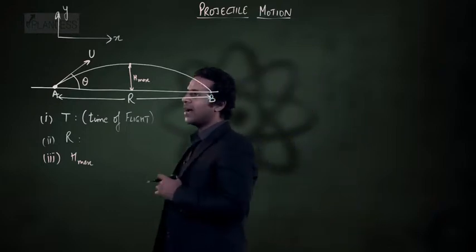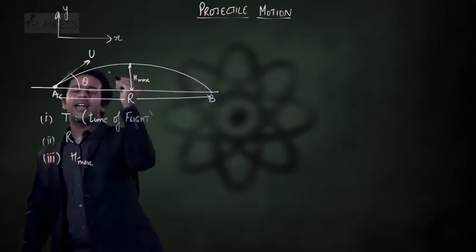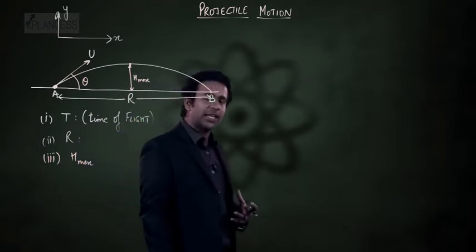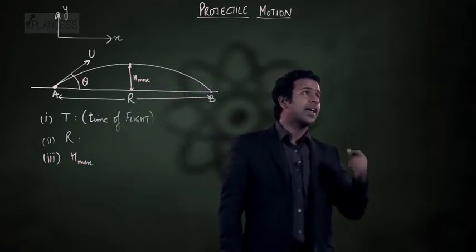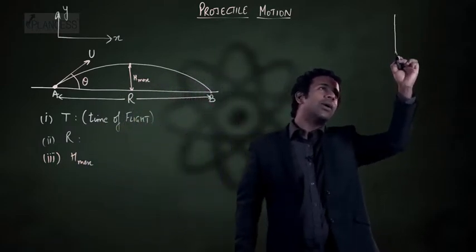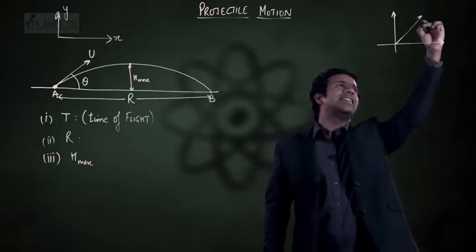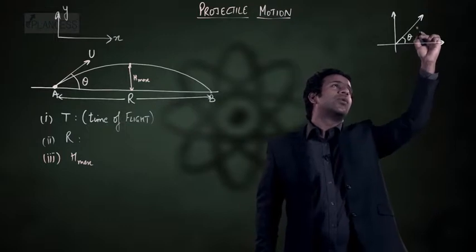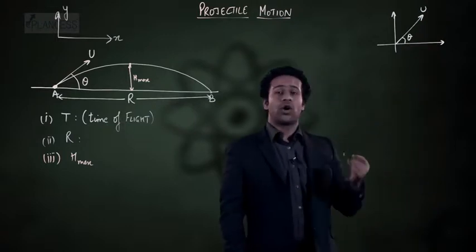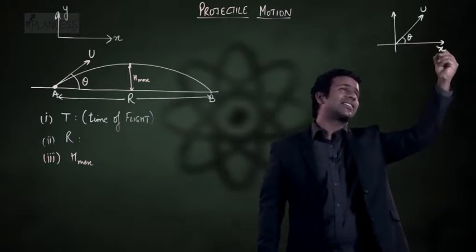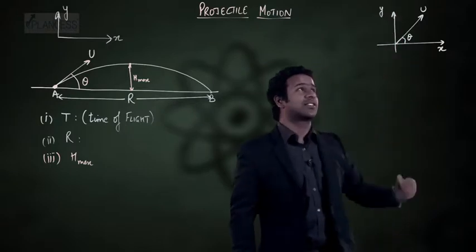So to do that, first of all, let's try to find the initial velocity in both directions. For now, we know that the initial velocity points at an angle theta with the horizontal. Now the horizontal is our x-axis and the vertical is y-axis.